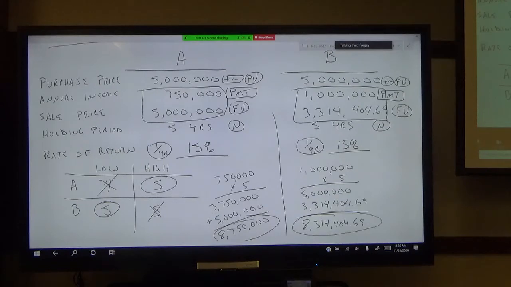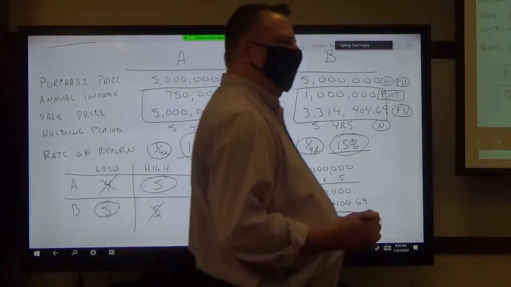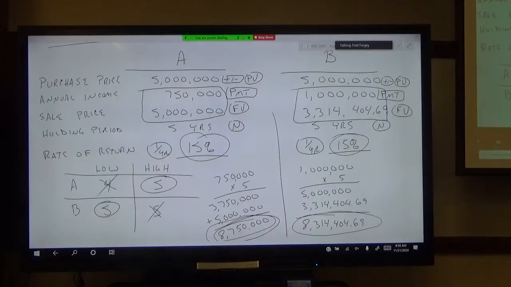So, for those people that just want to get more raw cash dollars, A would be the winner. But if each one of them bears a 15% discount rate, or 15% expected rate of return, that means there's a fair amount of risk involved with these two different portfolios.